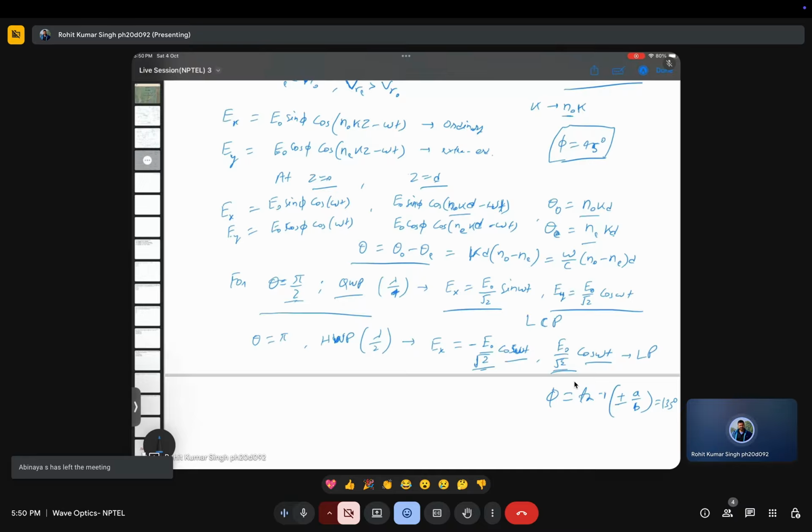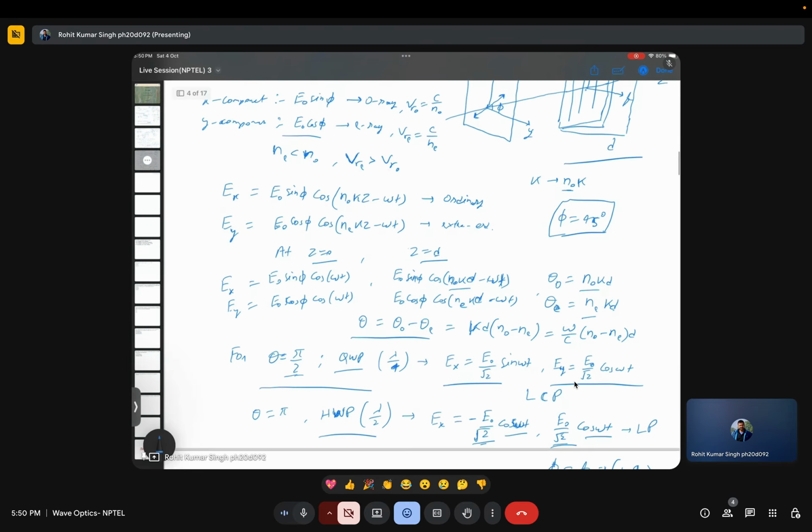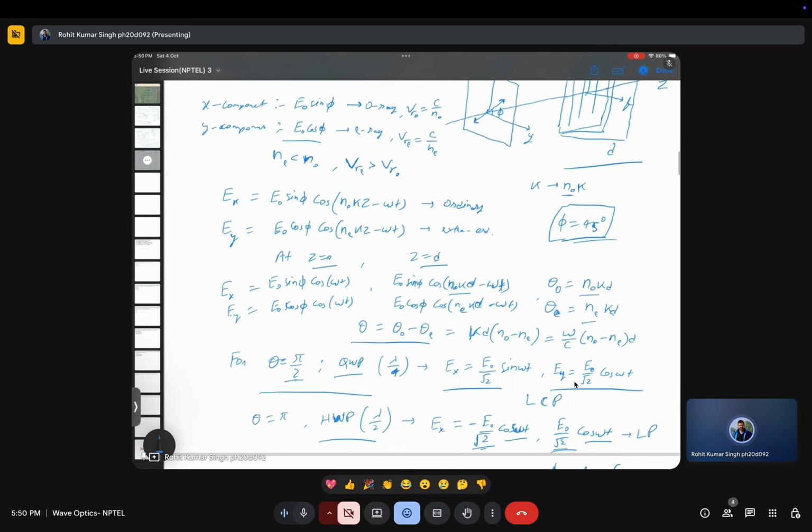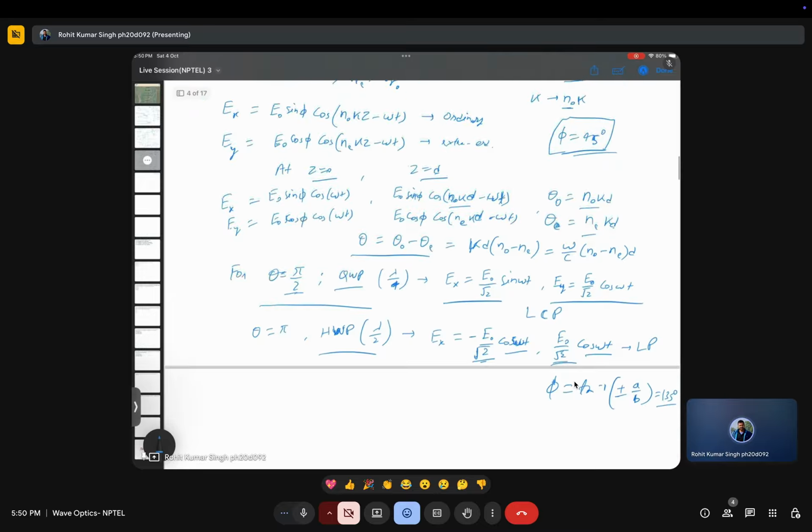And if you have a linearly polarized light and you apply a half wave plate, you will again get a linearly polarized light, but rotated by a 90 degree angle, okay? So earlier it was at 45 degrees, but now it is at 135 degrees from the y axis due to the half wave plate. Is it fine?